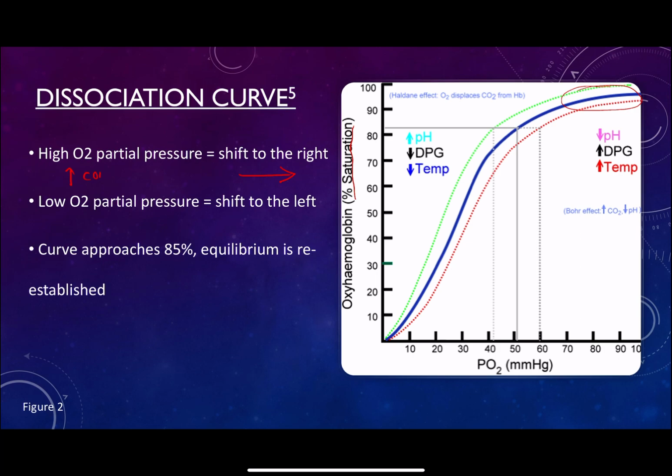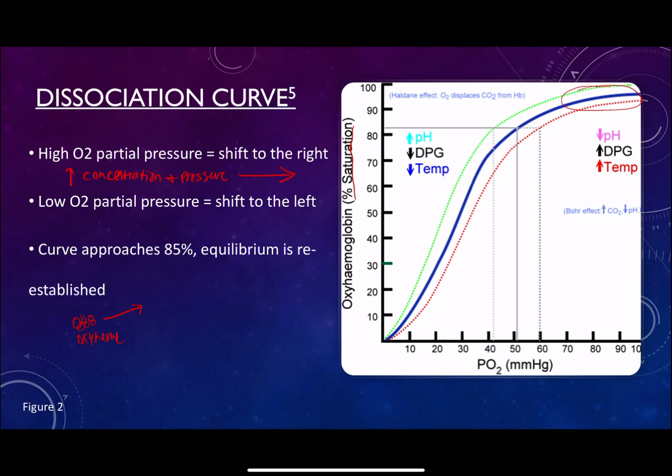Now, in the body, hemoglobin is used by erythrocytes, or red blood cells, to transport oxygen. So when a red blood cell travels to oxygen-deprived tissues, oxygen partial pressure decreases, resulting in the release of the oxygen by oxygenated hemoglobin, forming pure hemoglobin and allowing the oxygen to be released to the places in the body that are lacking it.